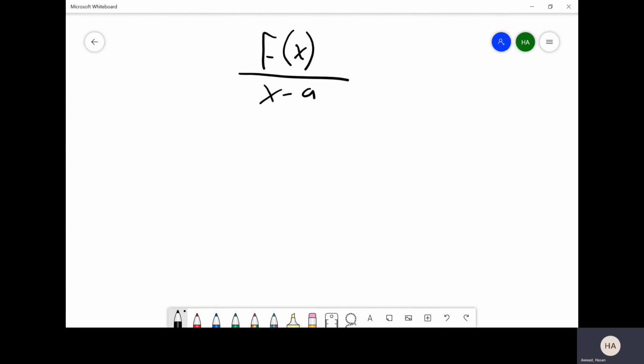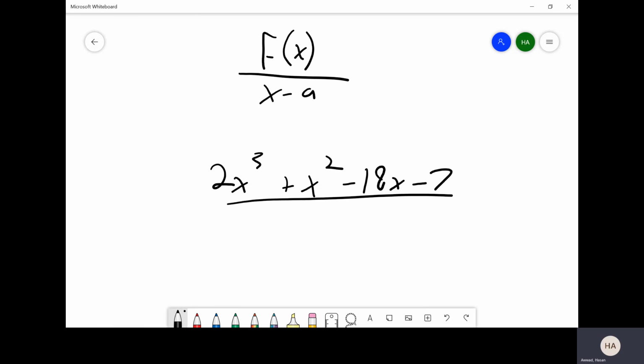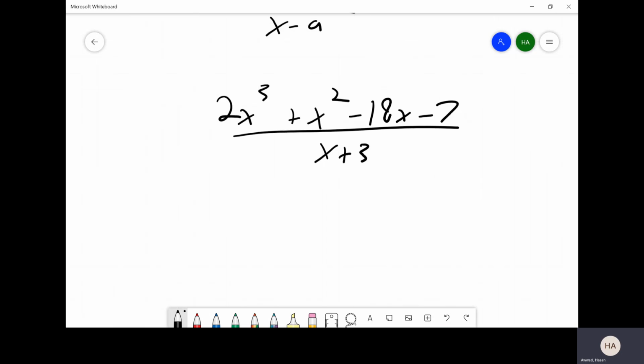We actually just did this division. The division that we just did was 2x cubed plus x squared minus 18x minus 7, all over x plus 3. We just did this one not too long ago. If I said I want you to find the remainder of this, the way you set it up is you say my remainder is equal to my function at -3.